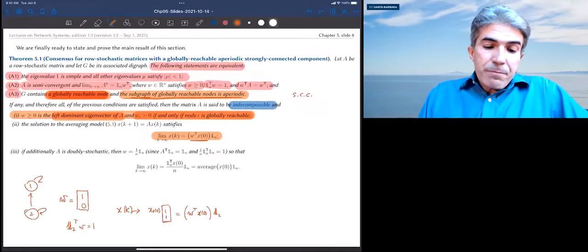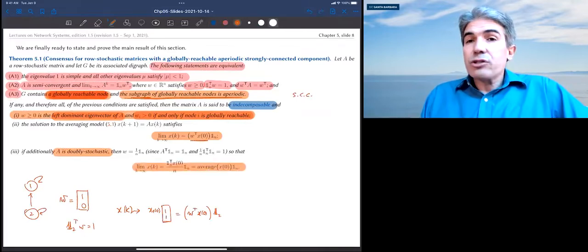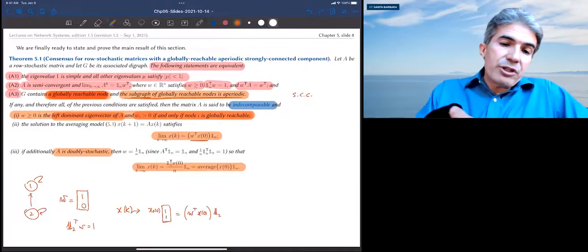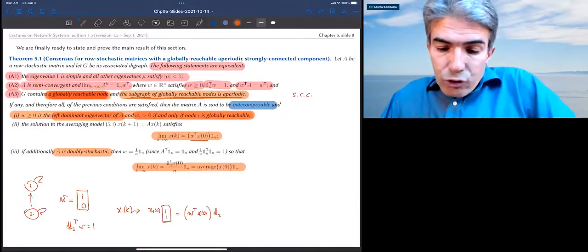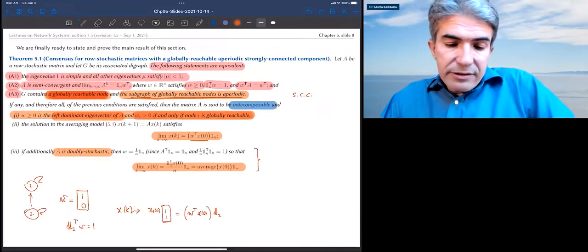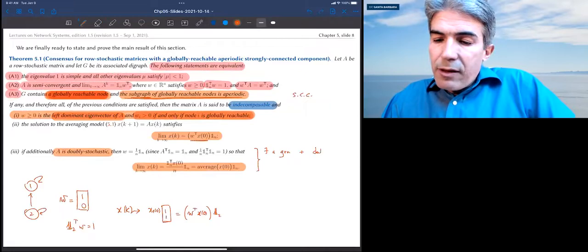Additionally, and finally, if it were the case that A is doubly stochastic, then we would actually get average consensus. To keep the theorem simple, I could also convince you that the existence of a globally reachable node plus a matrix that is doubly stochastic, these two things imply, what do they imply?